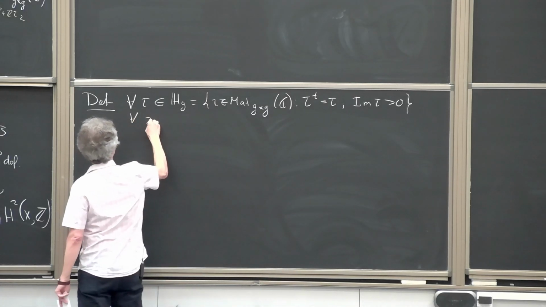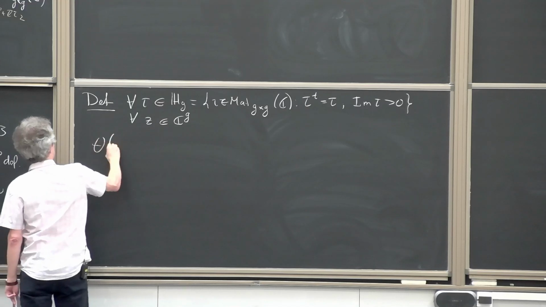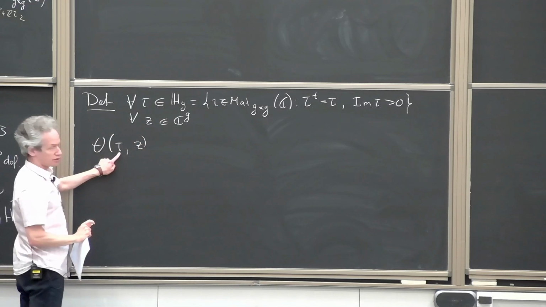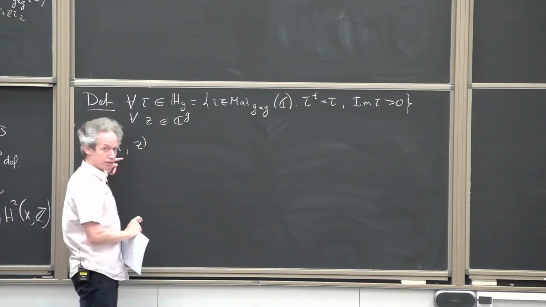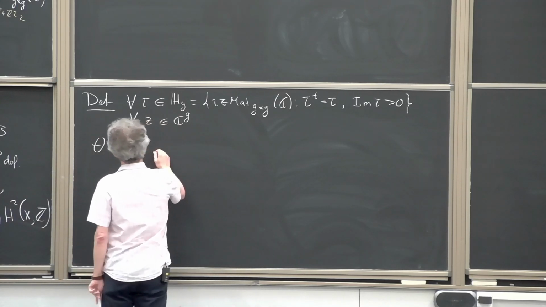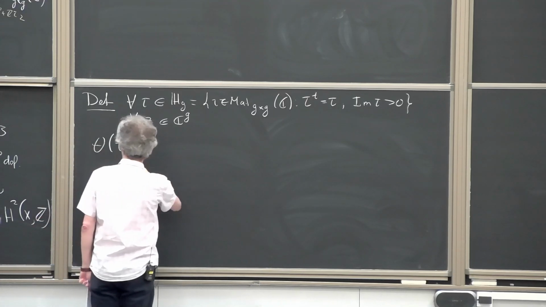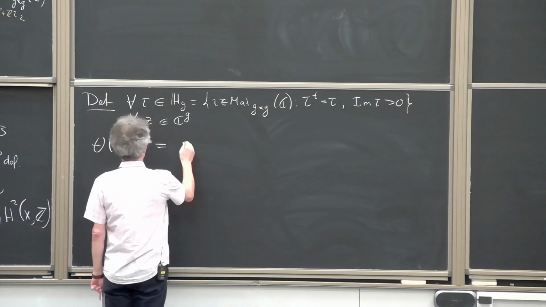And for any z, which is an element of C^g, the theta function, theta of tau and z, whether you call this tau or tau depends on which side of the Atlantic you're going to be. I'll keep saying tau probably. And this is either z or z, depending on which version of English you speak. So this is theta of tau and z. I'm American. Okay.